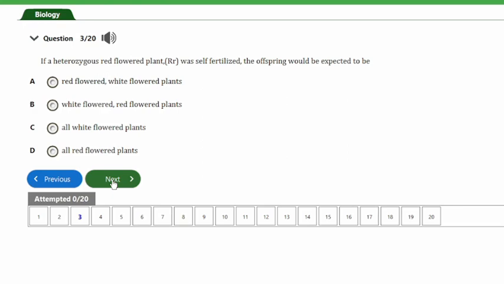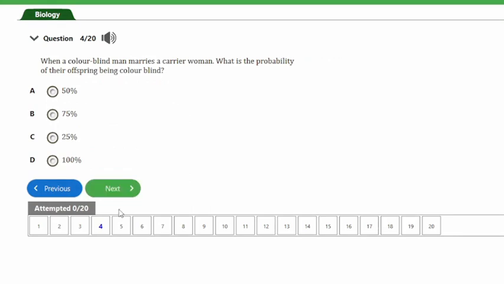So the correct answer to this question is option A, and that's red flowered, white flowered plants, because they will reflect both the red flower and the white flower. So guys, let's look at the next question, and that's question number 4.